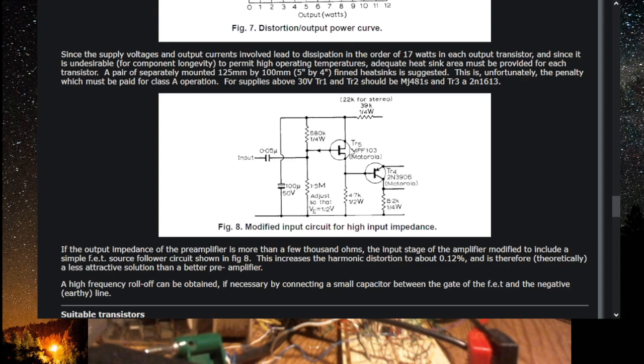It's very simple. I mean, this seems like this is what I'm looking for. 22K for stereo. 22K. 39K, 1/4 watt. Huh.